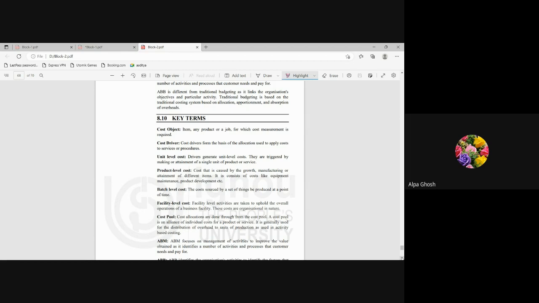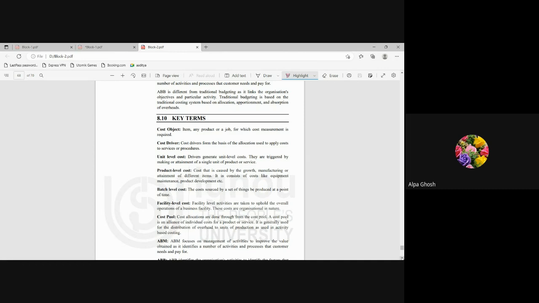What is batch level cost? Batch level means a set. You are required to produce a particular set of products for a given point. It is not a single product, it is a batch of products. Then facility level cost. Facility level activities are taken to uphold the overall operation of a business facility.